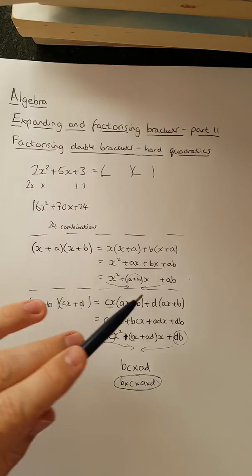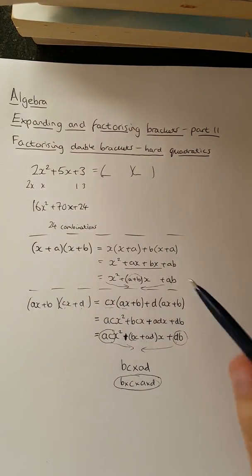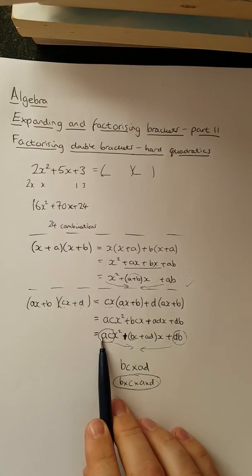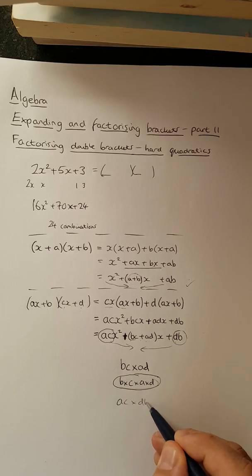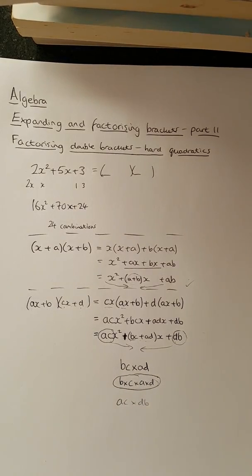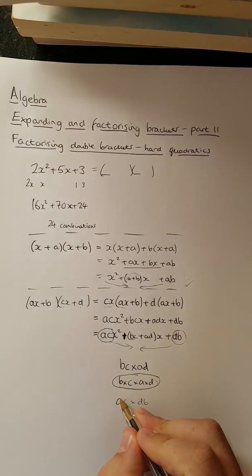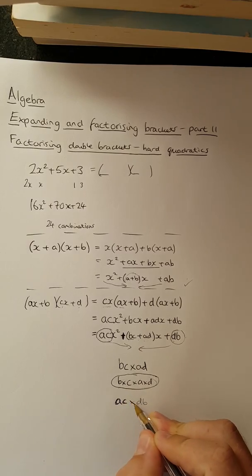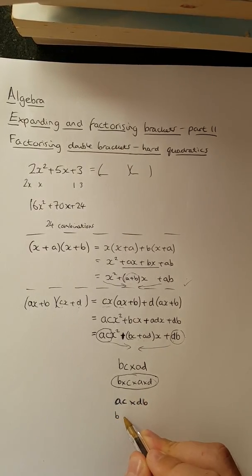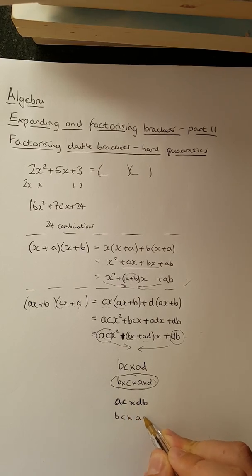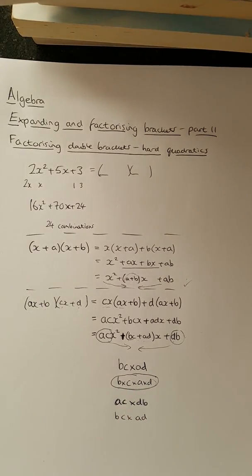Well, this is 1, so the pair makes AB, so it works. This pair, AC times DB. Well, that's 4 things all multiplied. Multiplication works in any order, so we could rewrite it as the question gave us.